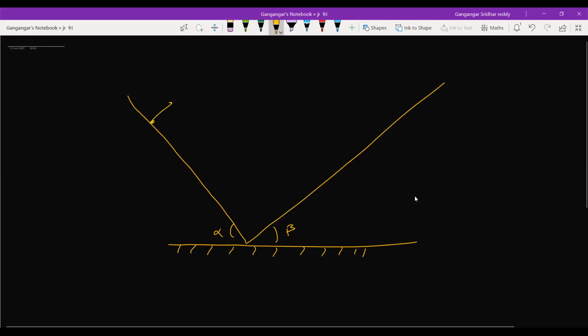I'll project a particle with a speed, at a distance a from one of the inclines. So from point P, I'm projecting it, and it will go and strike the other plane normally.